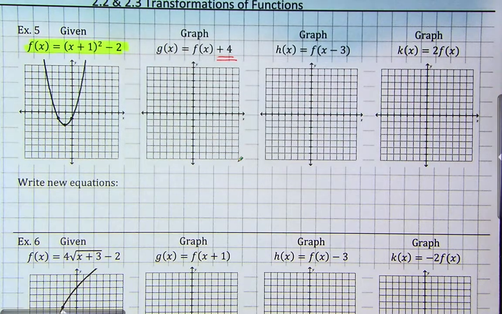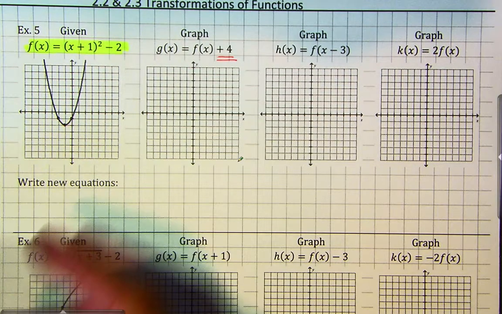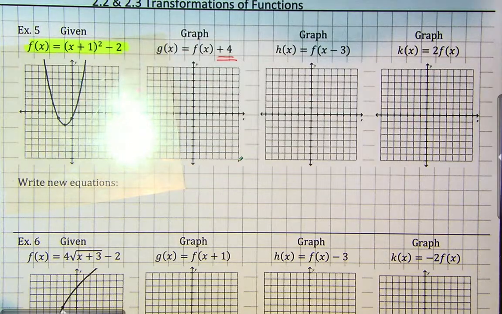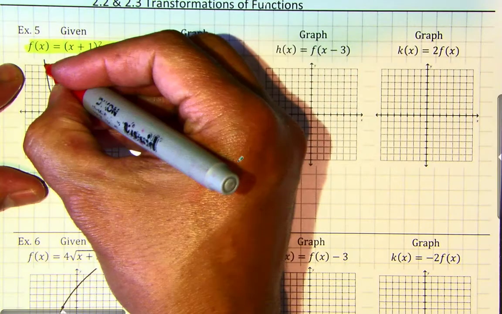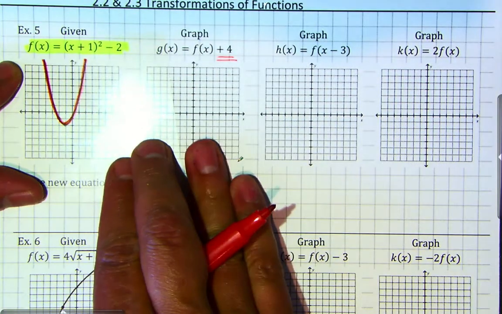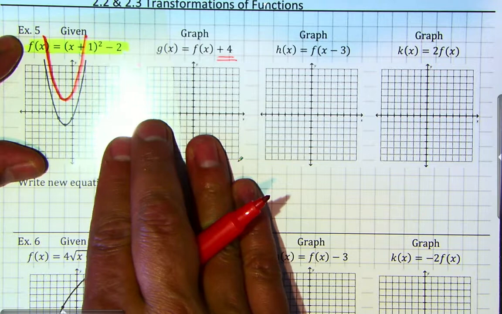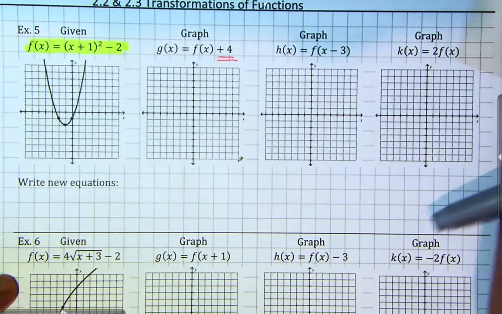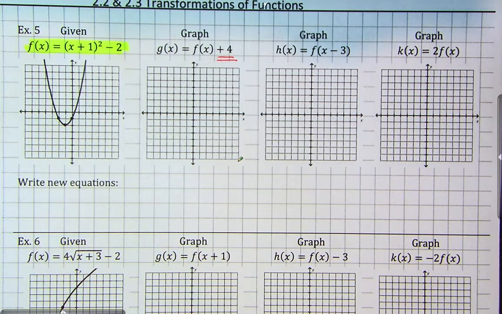Now, ideally, we would like to be able to shift the entire graph all at once. Correct? Ideally, if we can do this, we just shift it 1, 2, 3, 4, but we can't. So what we're going to do is shift each of the points separately and then connect them afterwards.